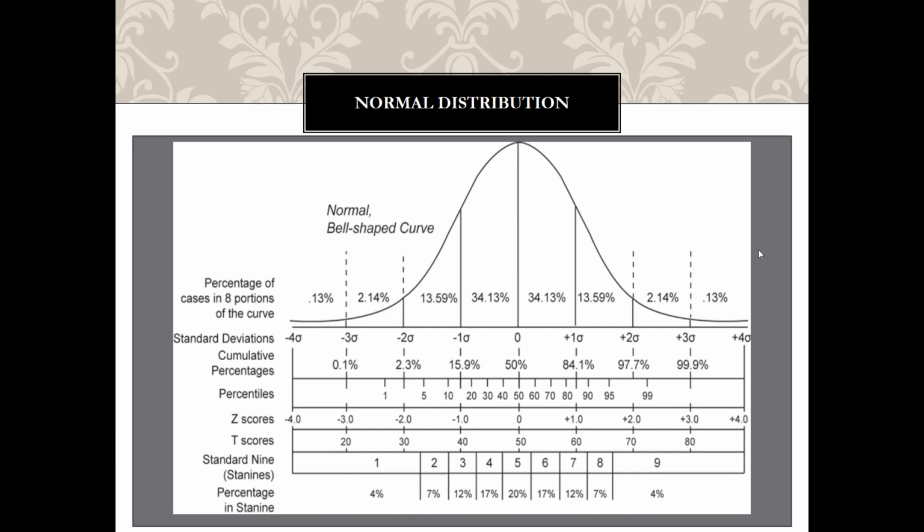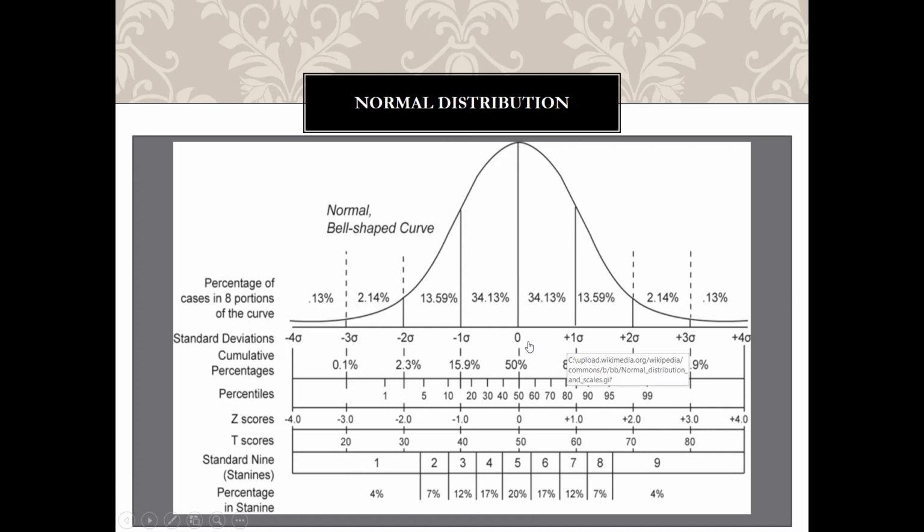This is the normal bell curve and a normal distribution, and it represents the theoretical probability distribution in which the horizontal axis represents all possible values of a variable, and the vertical axis represents the probability that these values will occur.